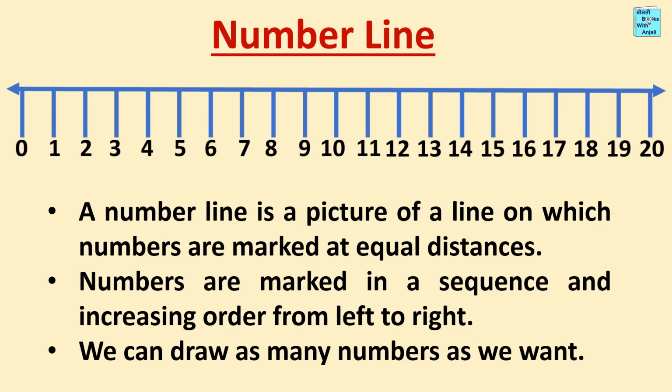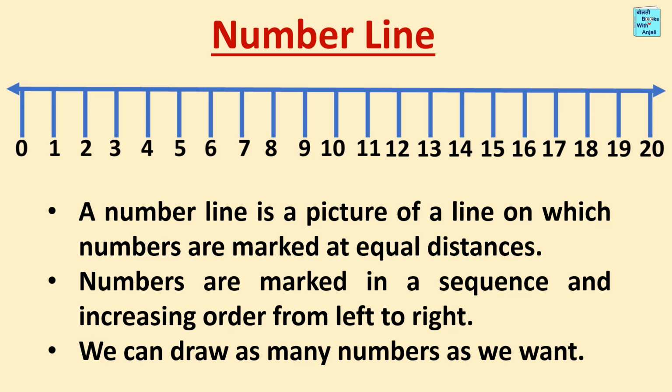You can see the blue line shown here. 0, 1, 2, 3, 4, 5, 6, 7, 8, 9, 10, 11, 12, 13, 14, 15, 16, 17, 18, 19 and 20. We can keep on increasing the number line.